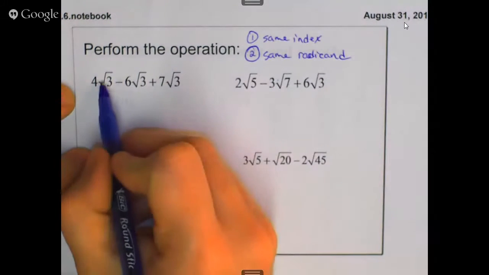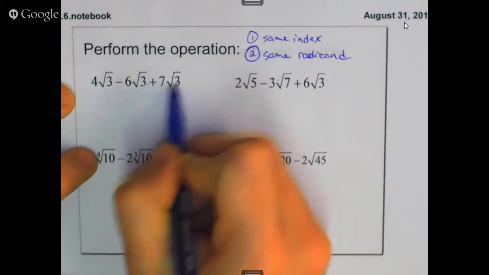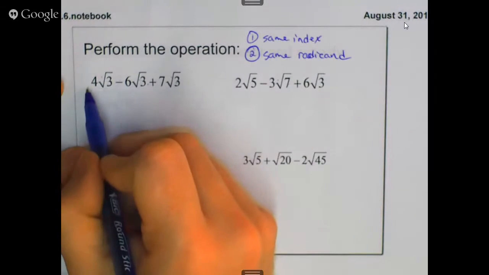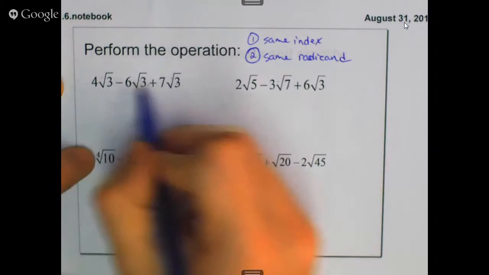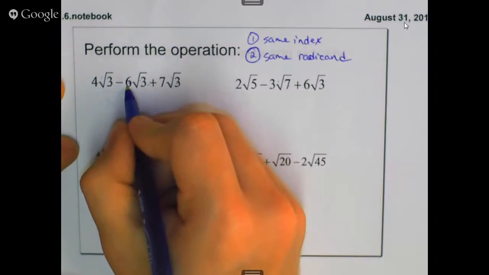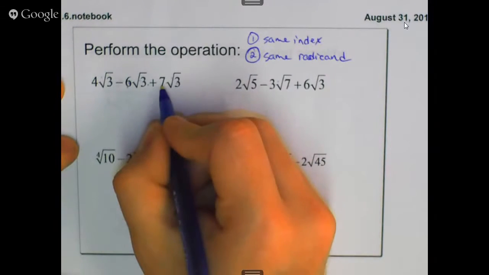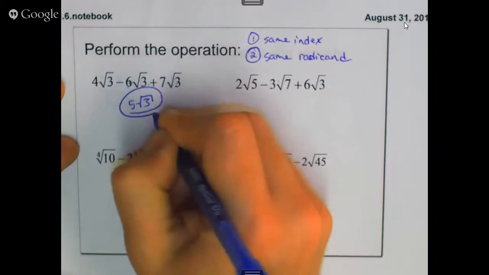So in this case, I've got square root of 3, square root of 3, square root of 3. So we're good. Then I just follow order of operations and combine like terms. So I got 4 minus 6 is negative 2. Negative 2 plus 7 is 5 radical 3.